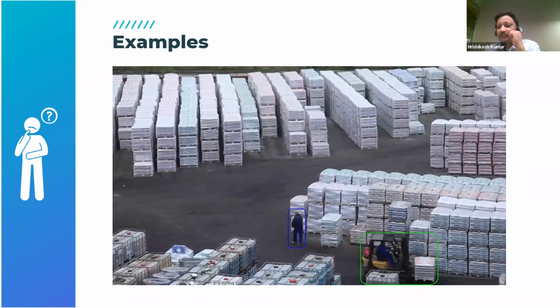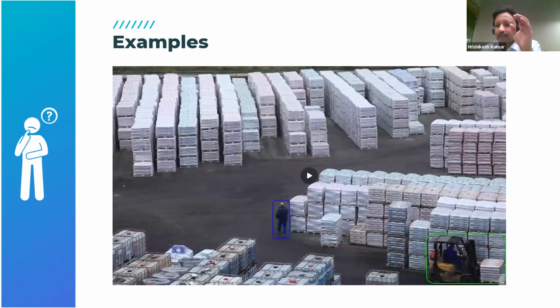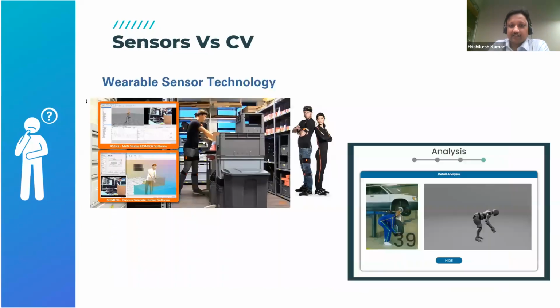So there are two things which could be done here. One is the driver of the vehicle has to be alerted on time, which can be done. The second is if the person is in a zone where they're not supposed to walk, they can be alerted also, right? So all these conditions can be taken care of to a large extent. These unsafe conditions can be identified through these vision related technologies.